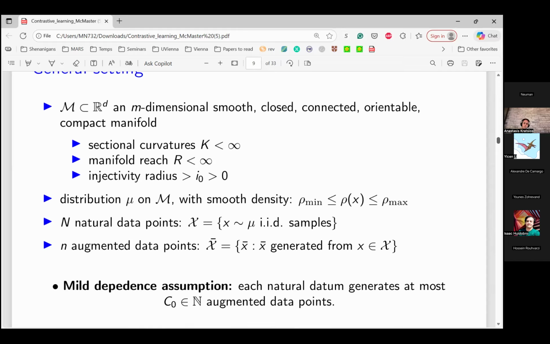And the last thing about the geometry of the manifold is that I want the injectivity radius to be bounded. At each point on the manifold, if the manifold is smooth, you can have a maximal radius in terms of geodesic distance such that the corresponding geodesic ball is diffeomorphic to an m-dimensional Euclidean ball on the tangent plane.